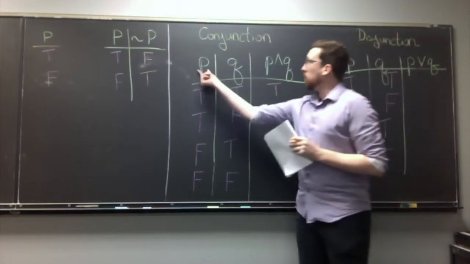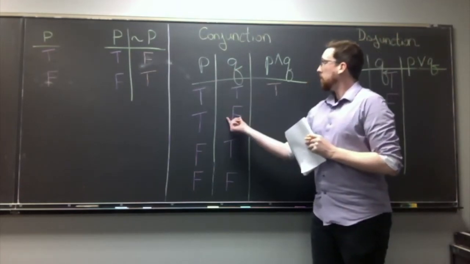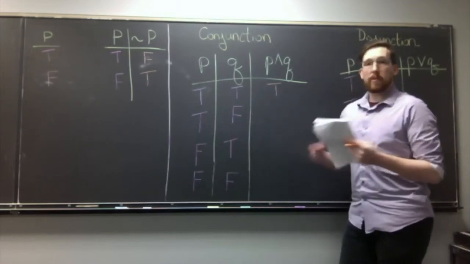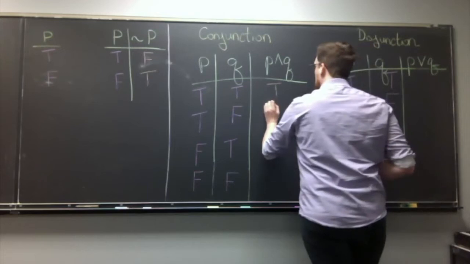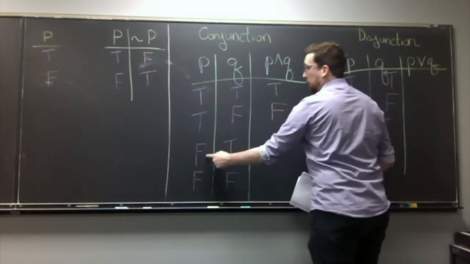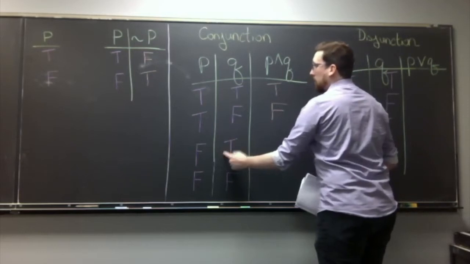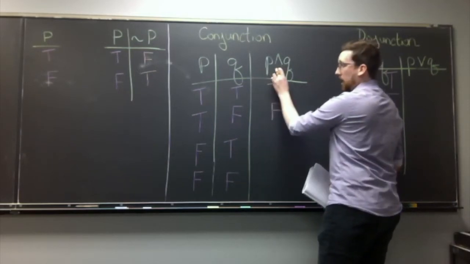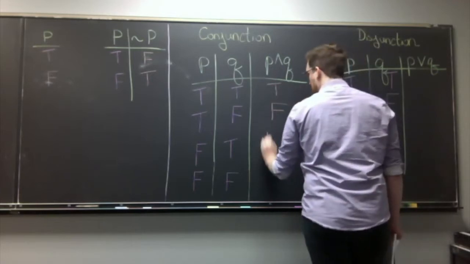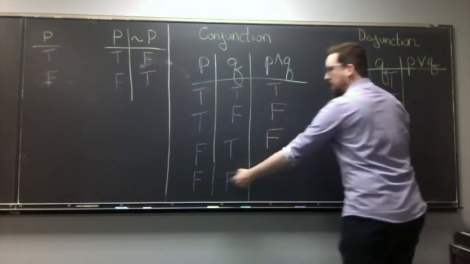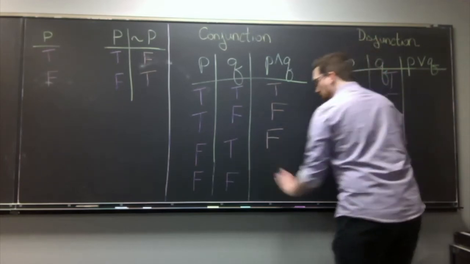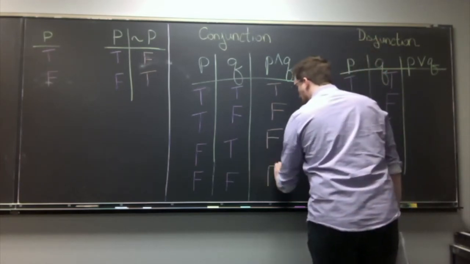If P is true and Q is false, the statement P and Q is going to be false. If P is false and Q is true, well, false and true is still a false statement. And if they're both false, P and Q would also be false.